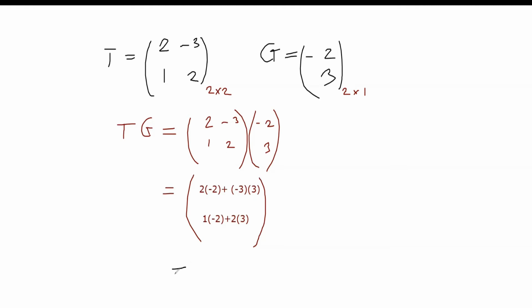So it ends up being compatible. So T times G works out to be 2 times minus 2, which is negative 4, then minus 9, that's minus 13. And then 2 times 3 is 6, 6 minus 2 is 4. So TG is minus 13, 4. That'll be the matrix product of T times G.